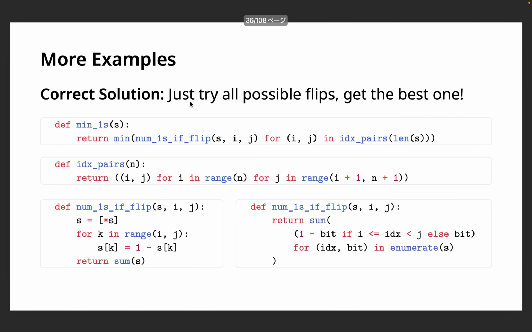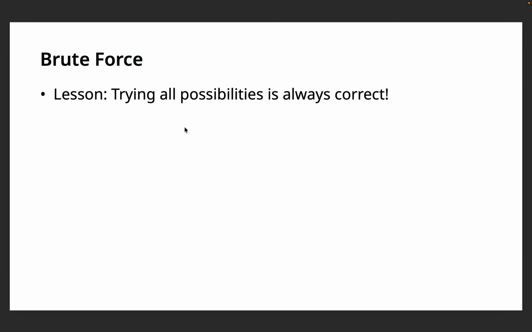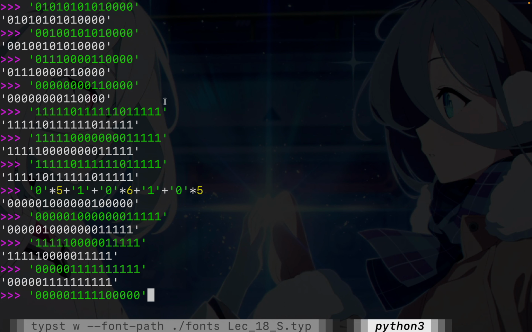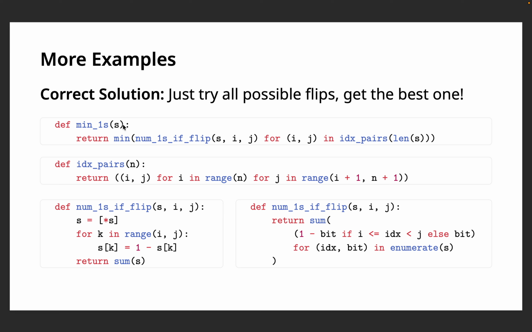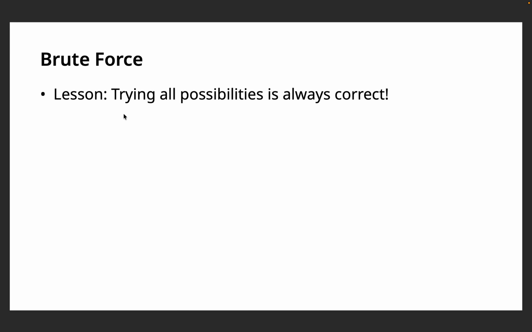That is what brute force is. If you have a problem, try to see if you can try all possible ways to do what the problem asks you to do. So if you're trying to flip some substring, try all possible flips. The main reason why we want to encourage brute force is that brute force is always correct.